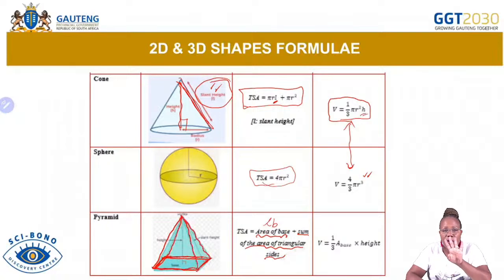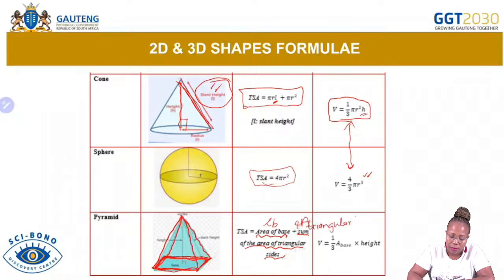How many? 4 of them, because they come from a base that is having 4 sides there. So then we'll be having 4 area of the triangular base for this one. So you add everything, grade 12, that will give you total surface area.